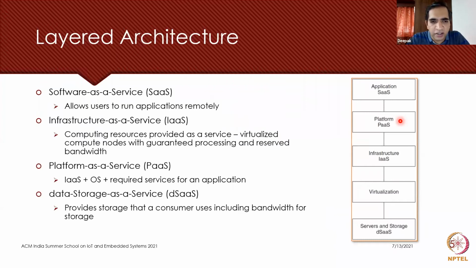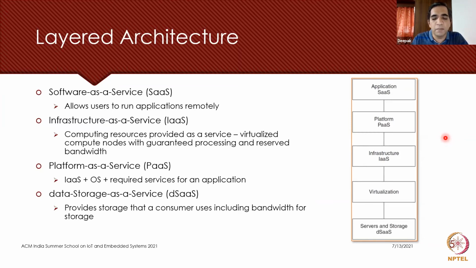Now let's look at the architecture of cloud computing. As we have already heard, there are lots of services that are provided to users, and these services can be of any type.